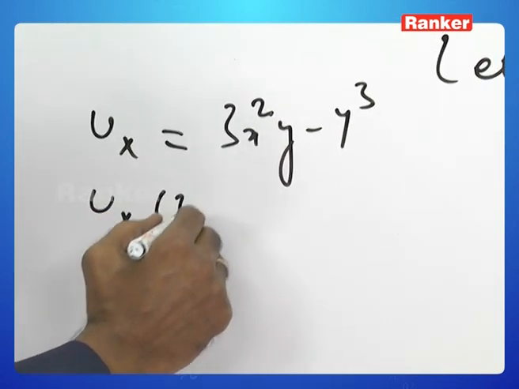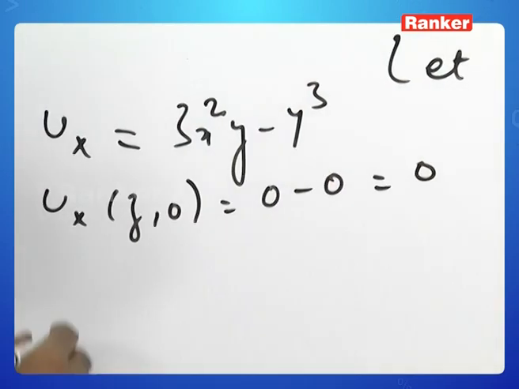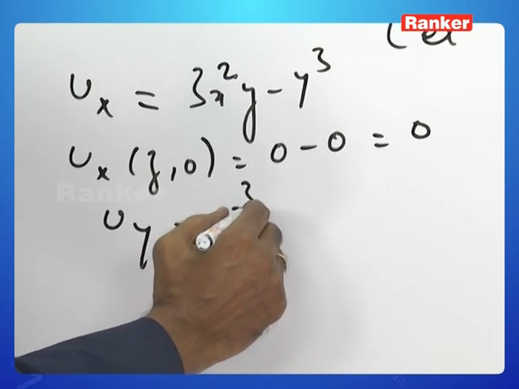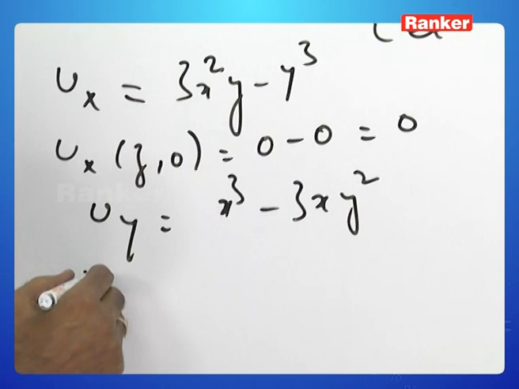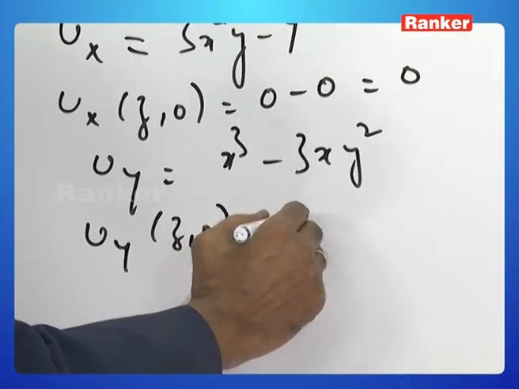Therefore, ux at z comma 0 will be 0 minus 0, which is 0. uy is equal to x cube minus 3xy squared. So uy at z comma 0 will be z cube.